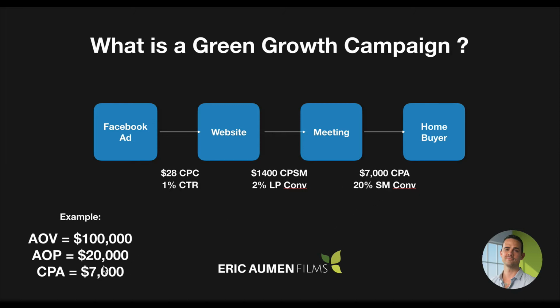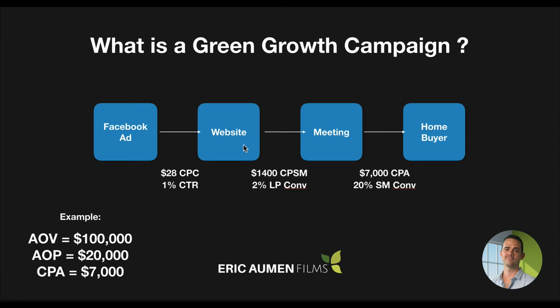So what that looks like, the way we use this data is we say, okay, we talk and we come to learn that your sales meeting conversion rate, how many sales meetings does it take for you to close a deal, is 20%. So, okay, for a cost per acquisition of $7,000, 20% of that gets us to $1,400. So now we know that number is $1,400.